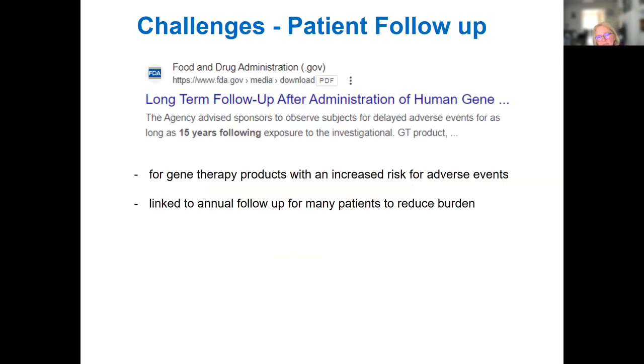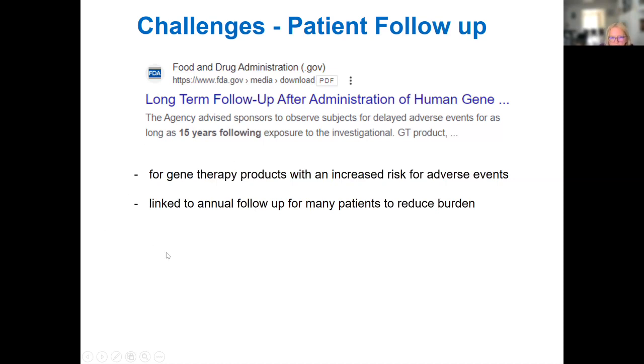Another challenge in the field that you might be aware of is patient follow-up. For certain gene therapy products, we are required to follow patients for 15 years. This is clearly a big burden, not just for the clinicians who have provided the gene therapy, but also for the patients. To reduce the burden wherever possible, these annual follow-ups for 15 years are linked to standard clinical care that the patients receive.